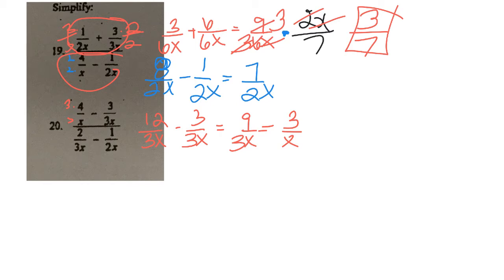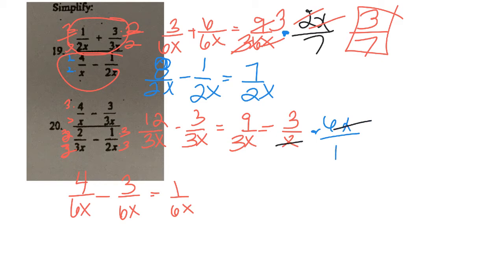And this one I'll multiply by 2. So I get 4 over 6x minus 3 over 6x, which gives me 1 over 6x, and then we'll divide the two fractions by multiplying by the reciprocal, 6x over 1, and the x's divide out, and 6 times 3 is 18.